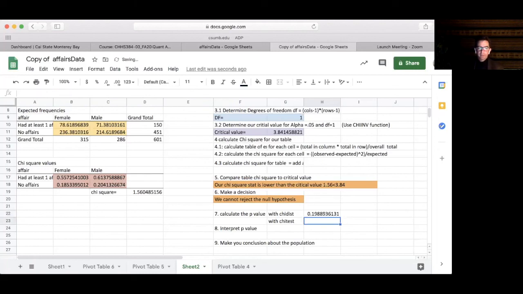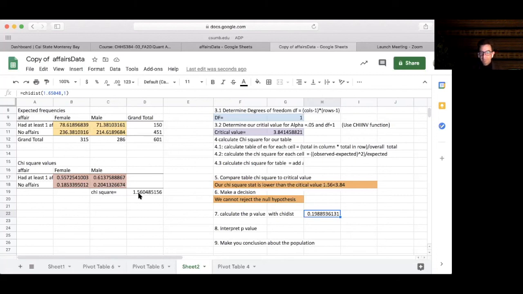If we hit enter, we see that there is almost like a 20% chance that we would get numbers 1.56 or higher. That's pretty common, right?